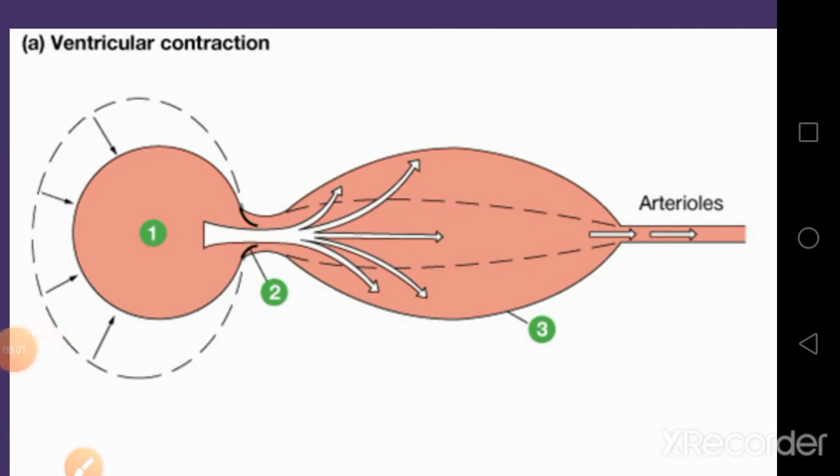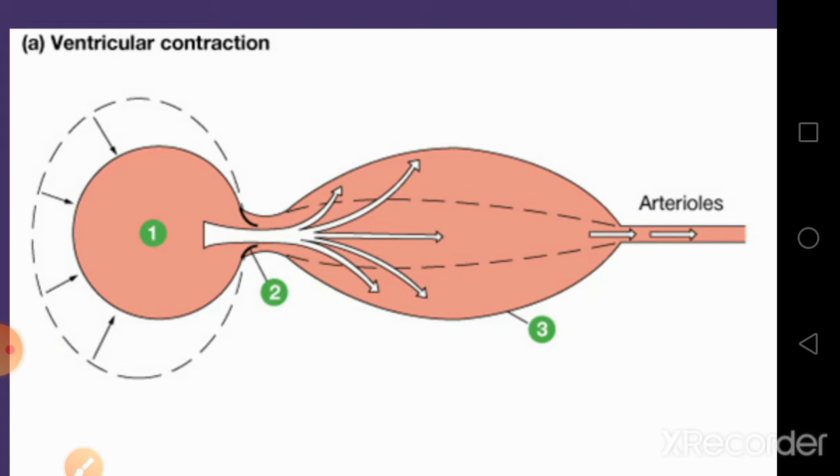Hopefully, now that you have understood what is meant by distensibility and what is the difference between the distensibility of arteries and veins, let's apply this knowledge to the working of arteries and veins. Do remember, both arteries and veins are distensible, but arteries are less distensible as compared to veins because of their elastic recoil.